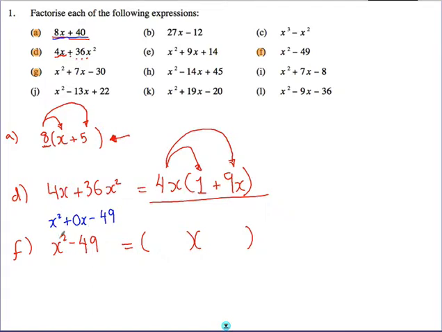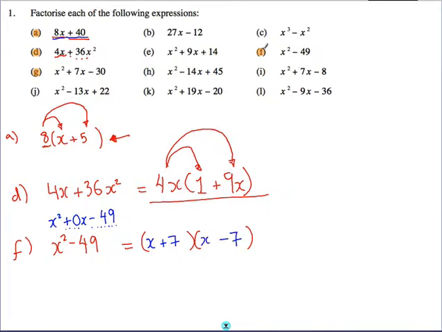I've just put that there to help us out. Now we ask ourselves, what 2 numbers multiplied together give us minus 49, but when we add them, give us 0? That is 7 and minus 7. So x plus 7, x minus 7.